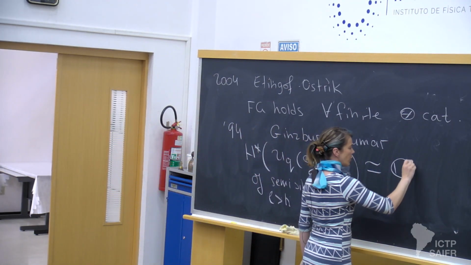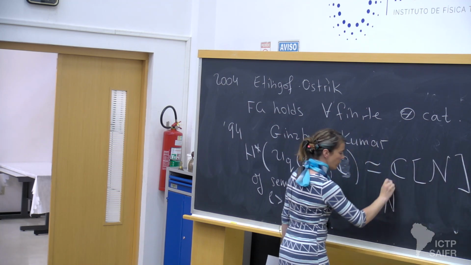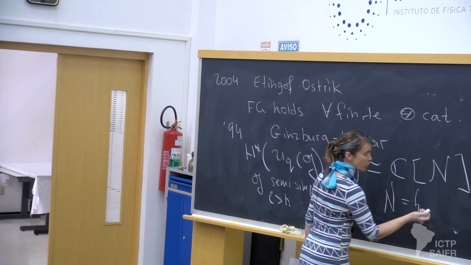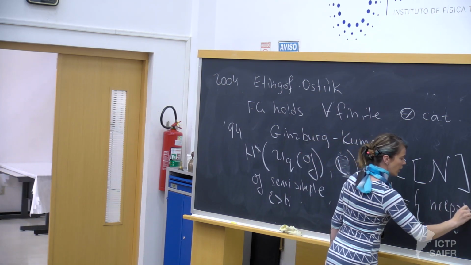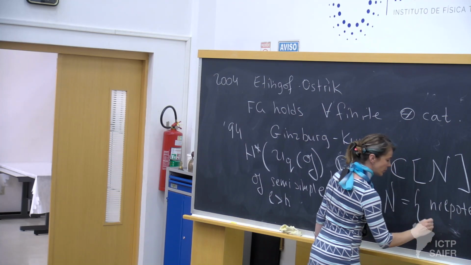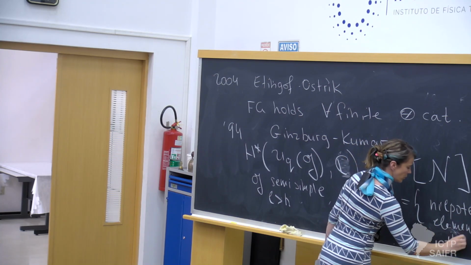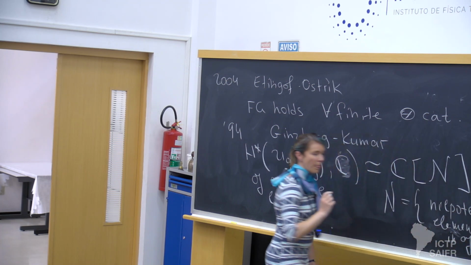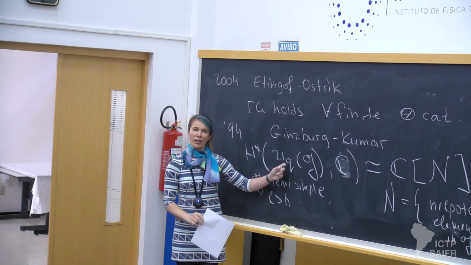This is the coordinate algebra of the nullcone of g, where N is the collection of all nilpotent elements in your Lie algebra. Notice how everything quantum disappears from here.